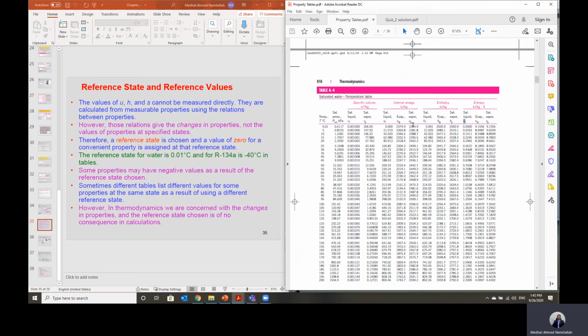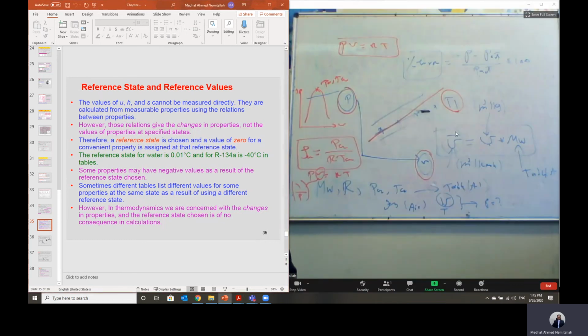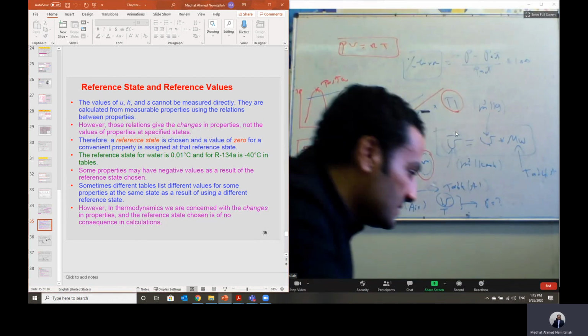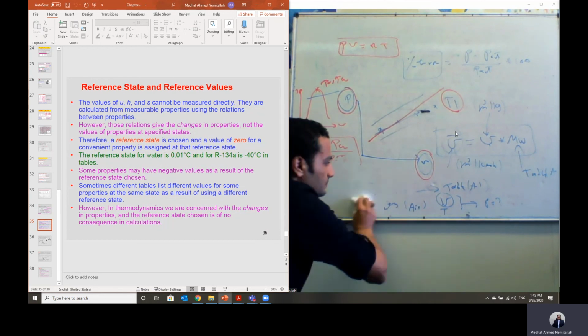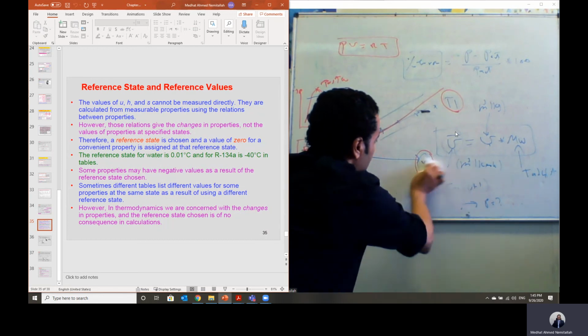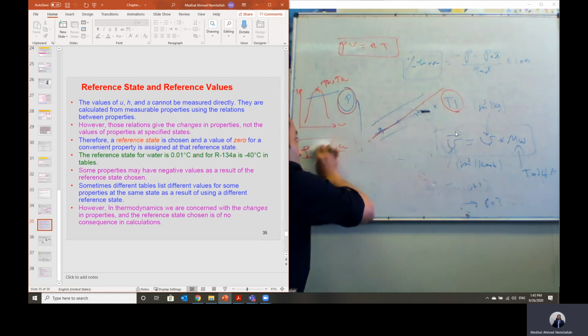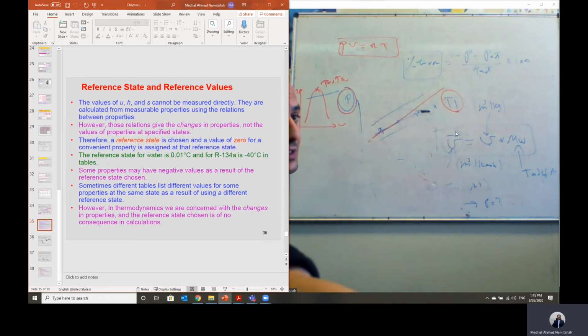But we don't have a thermodynamic relation that gives us the enthalpy or the internal energy or the entropy at a given state. We only have a relation that gives us the difference between any two states, like the change of internal energy or the change of enthalpy. We don't have a relation that gives us the internal energy at a given state. We just have a relation that gives us the difference.